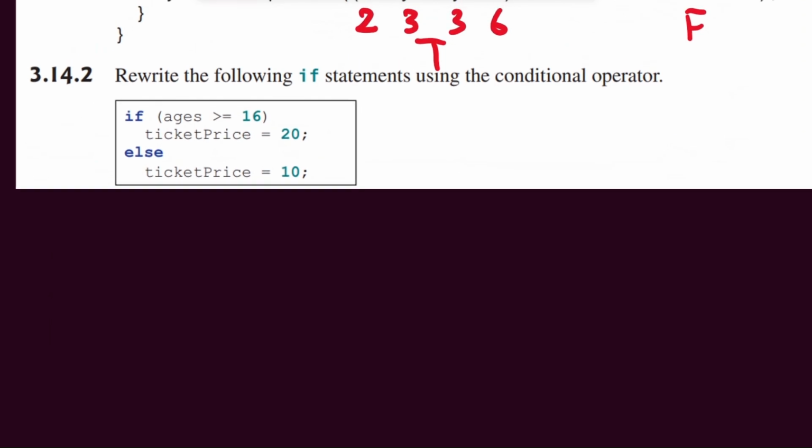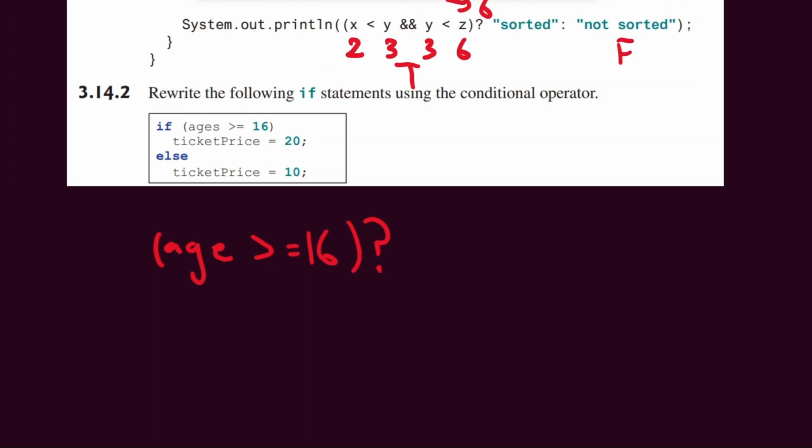Now, the second one says to write this using the conditional operator, which is the ternary operator. So how we write it is this. We first write down the condition: age is greater than or equal to 16. Add the question mark. Add the true value, 20.